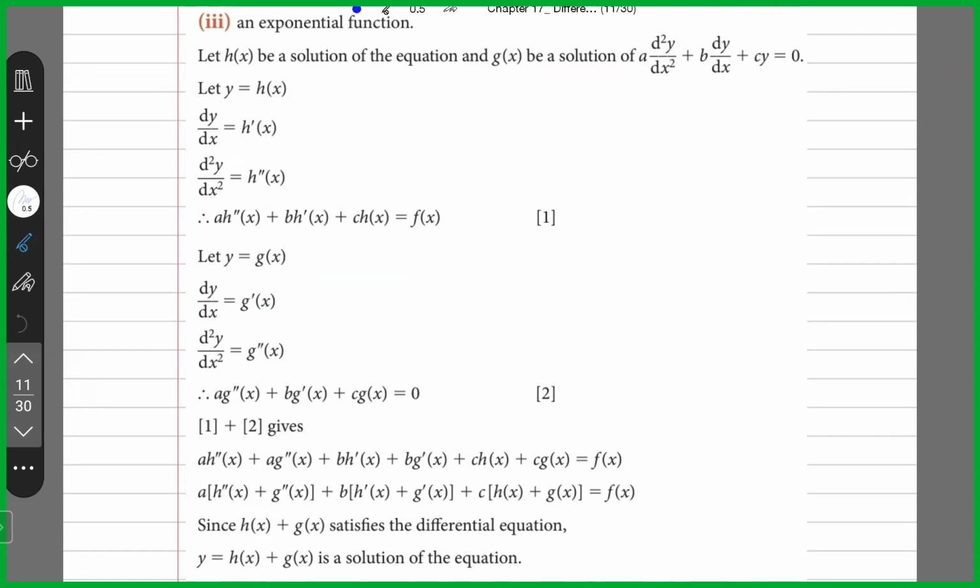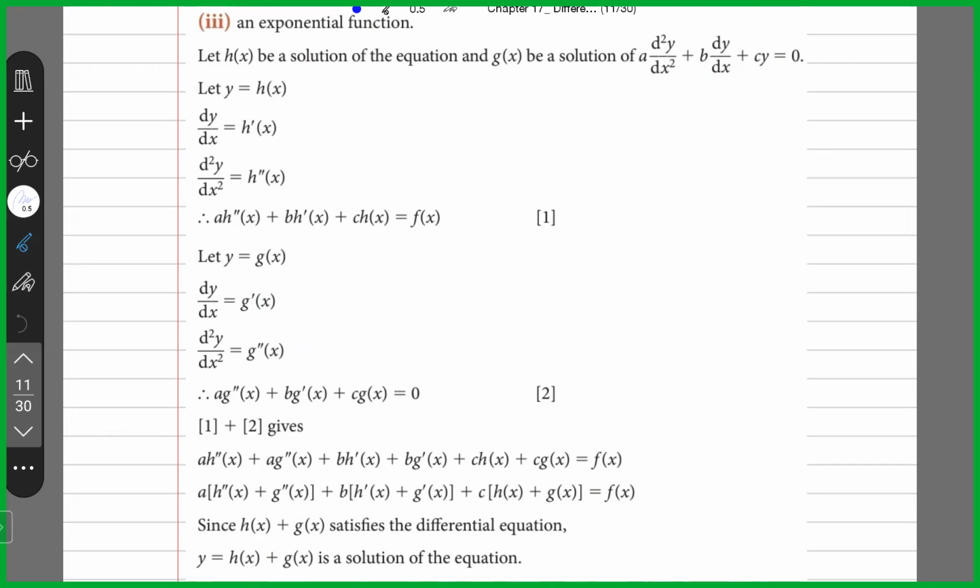So they said let y is equal to h of x, dy by dx is the first differential of h of x, d2y by dx squared the second differential. Therefore a h double prime of x plus b h prime of x plus c h of x is equal to f of x.